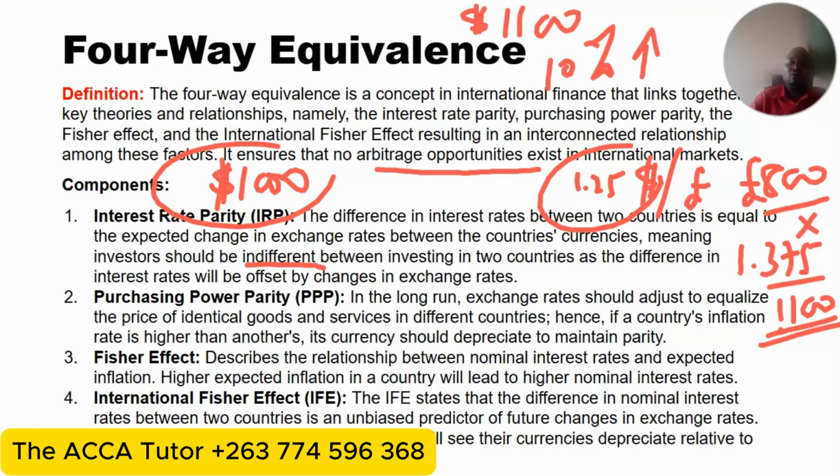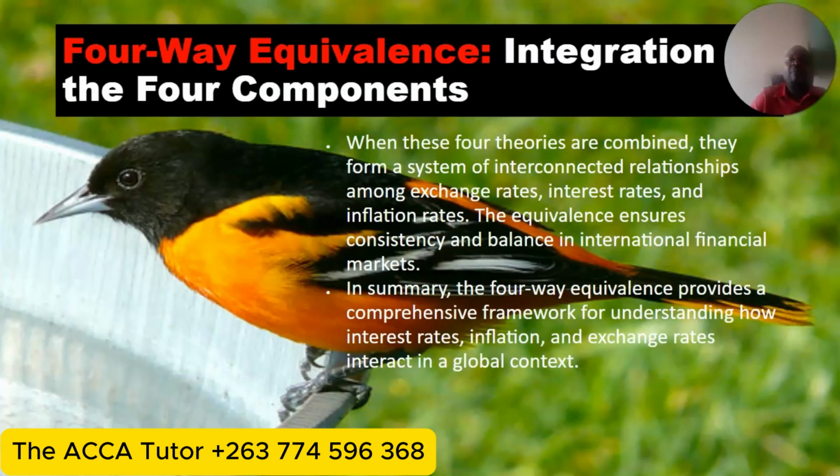Okay, so how then does this four-way equivalence help us to integrate and remove any arbitrage opportunities? When these four theories are combined, they form a system of interconnected relationships among exchange rates, interest rates, and inflation rates. The equivalence ensures consistency and balance in international financial markets.